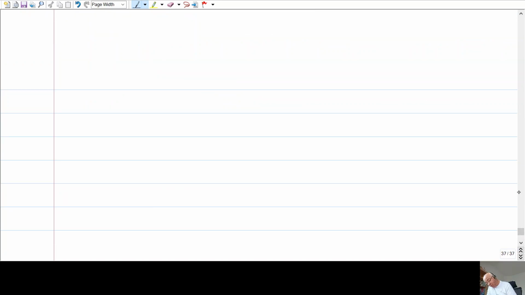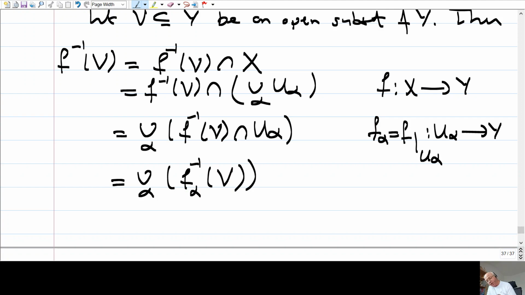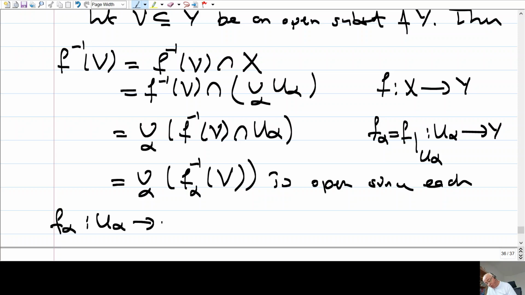Therefore, this is open, since each f alpha from u alpha into y is continuous.